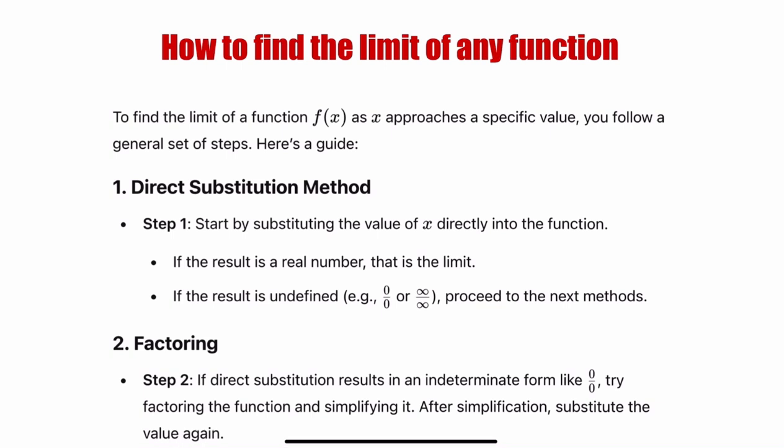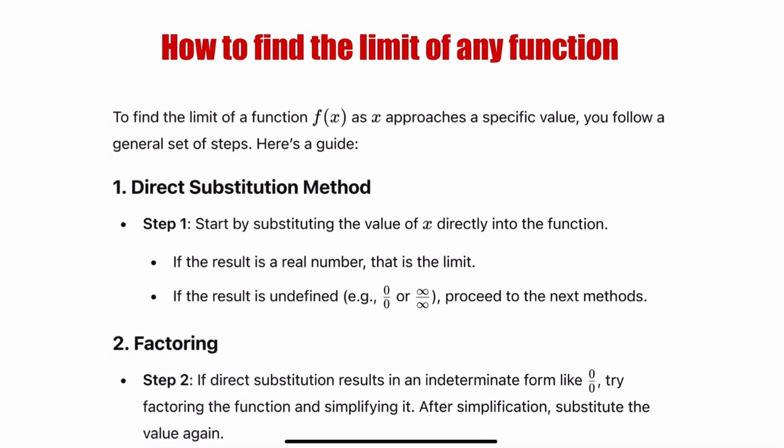So the first one is the direct substitution method. First, the simplest method is direct substitution, and this works when the function is continuous at the specific point we are interested in.